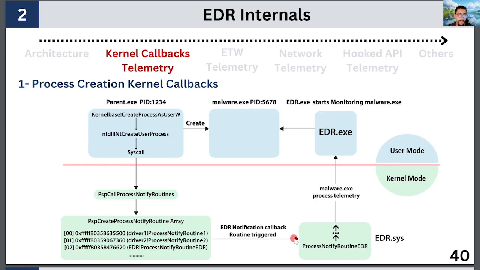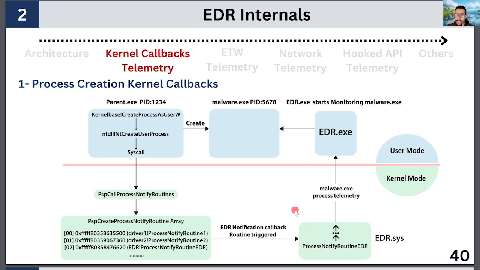The following telemetry is collected and generated. The process ID and parent process ID of the newly created process malware.exe. The image file path, the full path to the executable malware.exe, and the command line arguments used to launch the process.